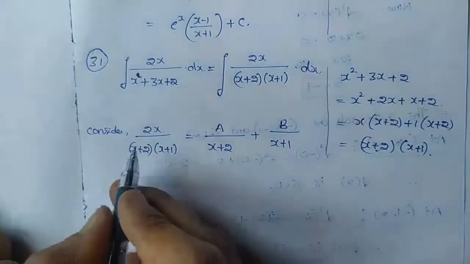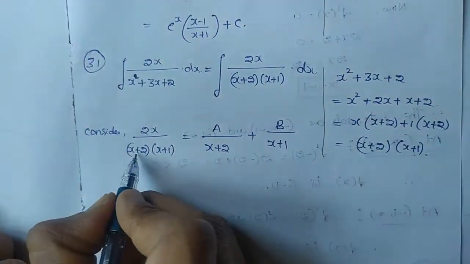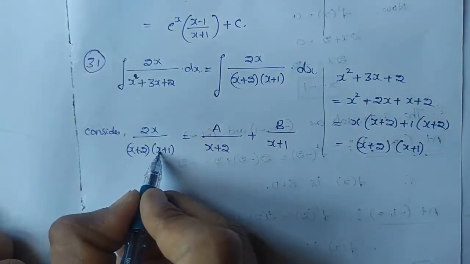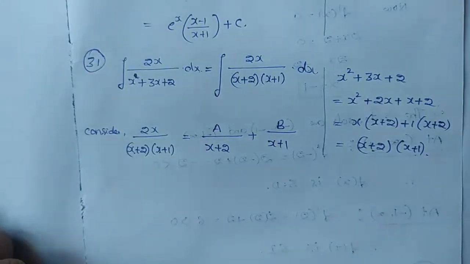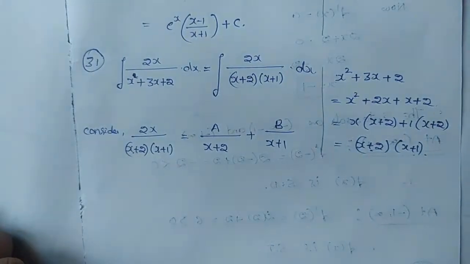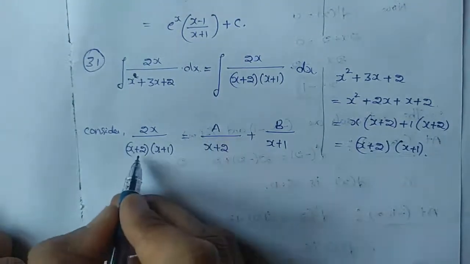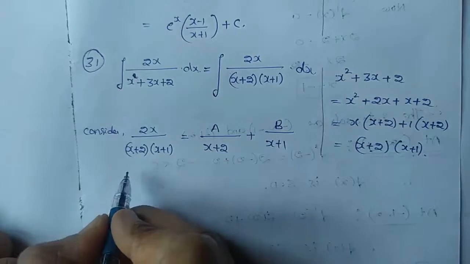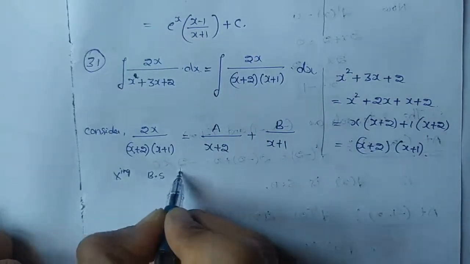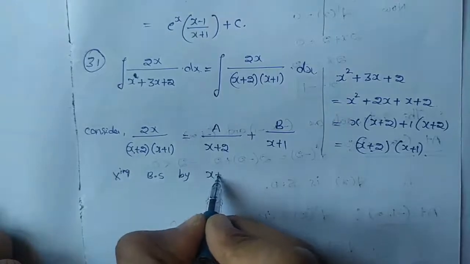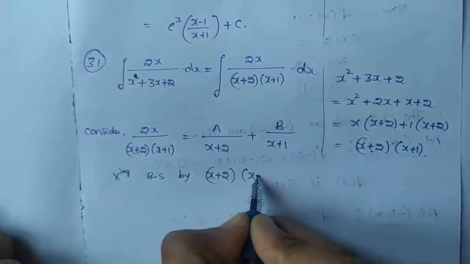Now simplify it further. Let us multiply both sides by x plus 2 into x plus 1.